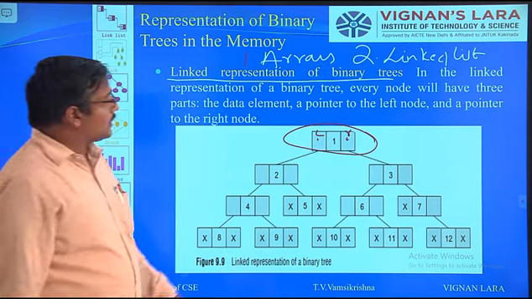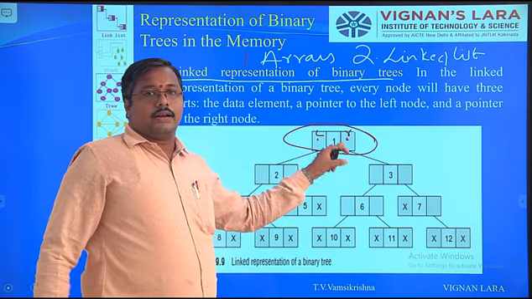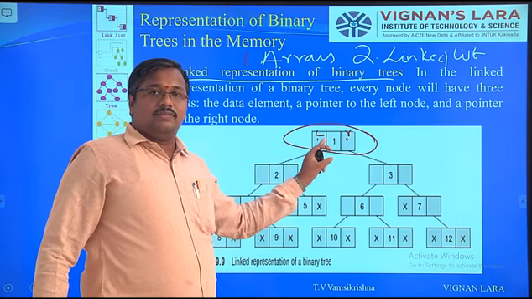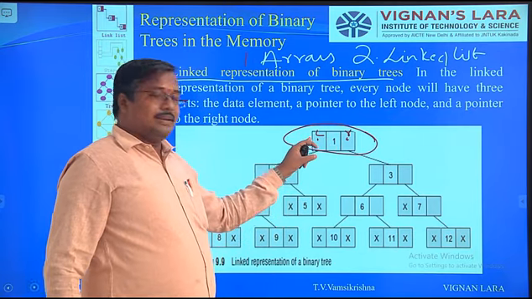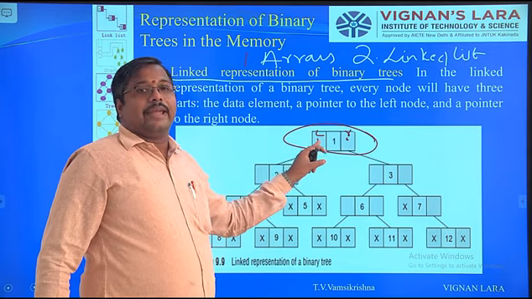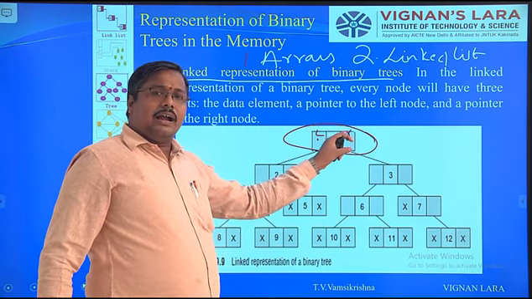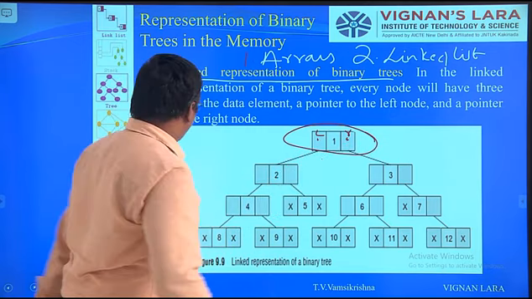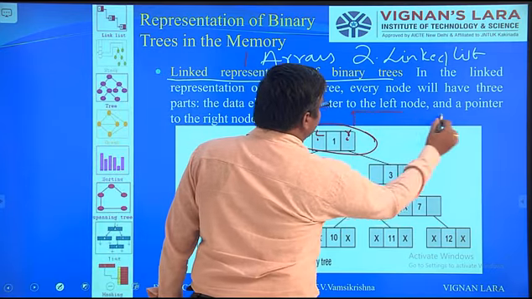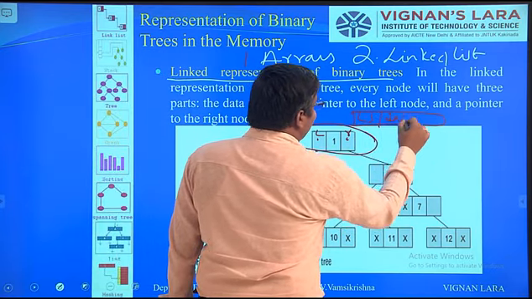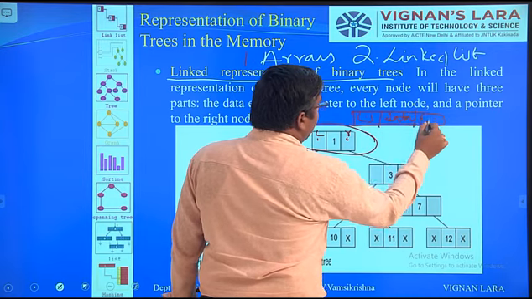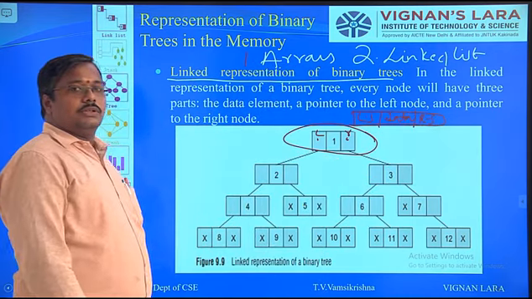In a double linked list we call these the previous node address and next node address. So each node has the address of the left subtree, data, and the address of the right subtree.